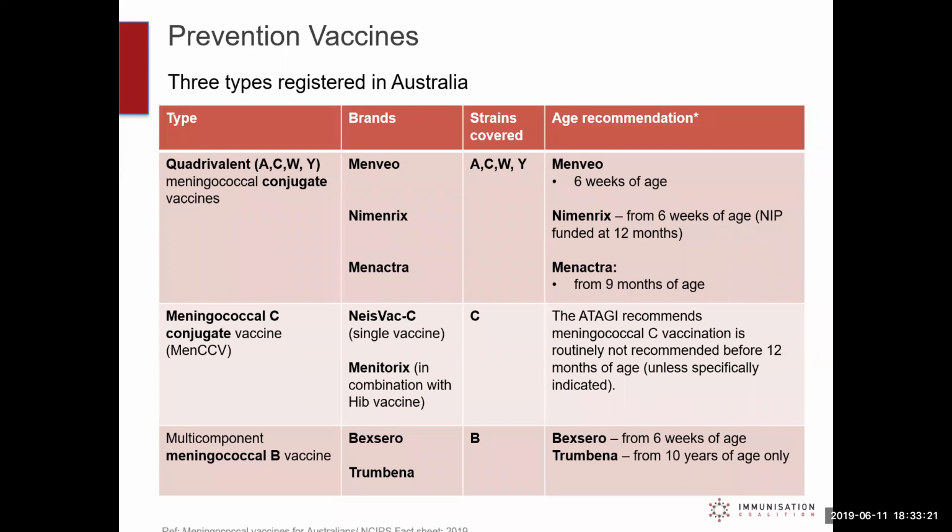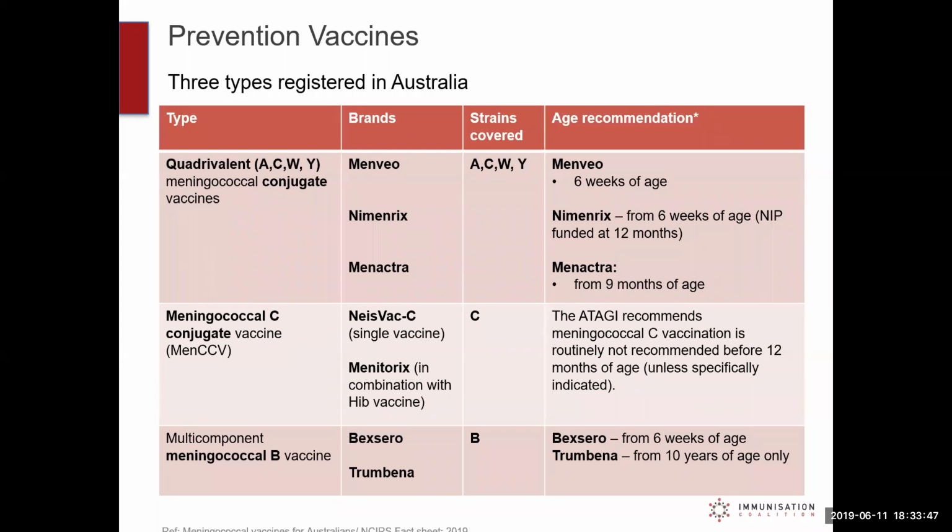If you've only got Menactra available, if you cannot source Menveo and you cannot source Nimenrix, you can give Menactra, but if you are needing to give Prevnar 13 as well to this individual, then the advice is that you give Prevnar 13 first and then followed 4 weeks later by the Menactra.